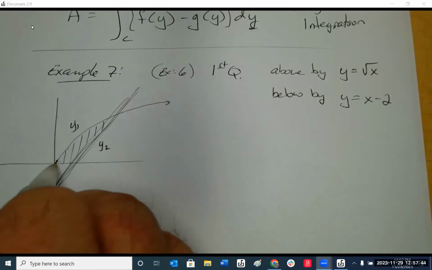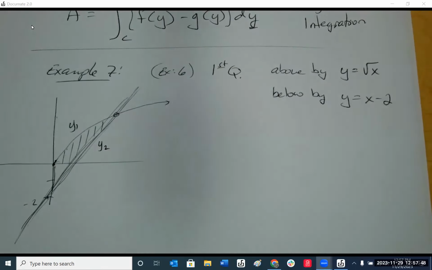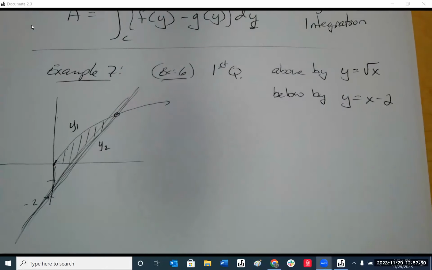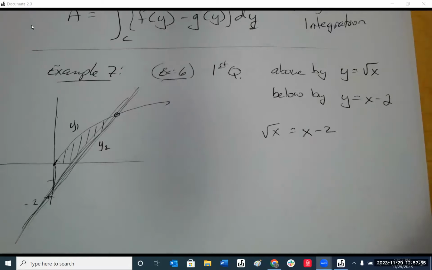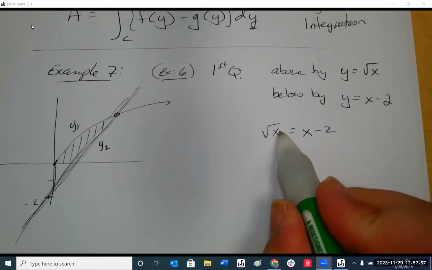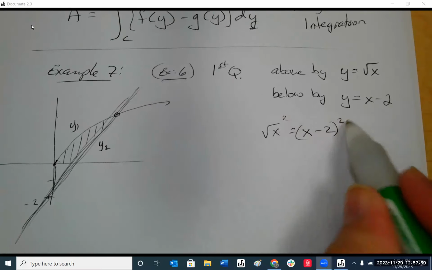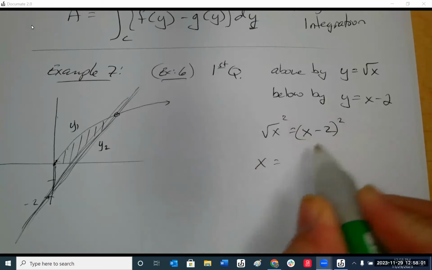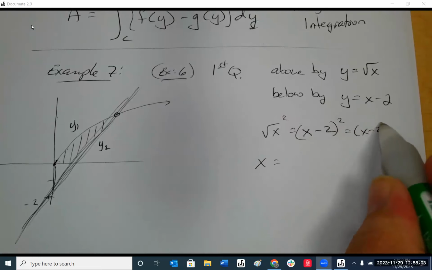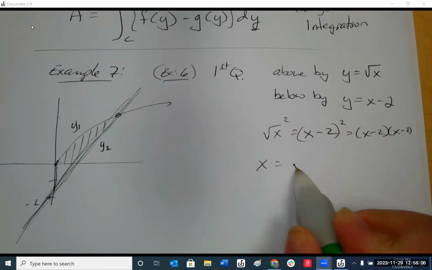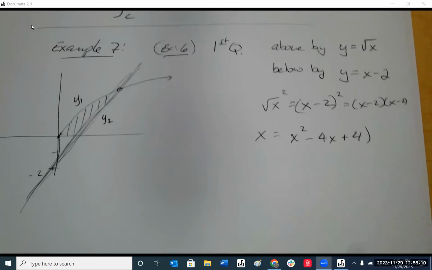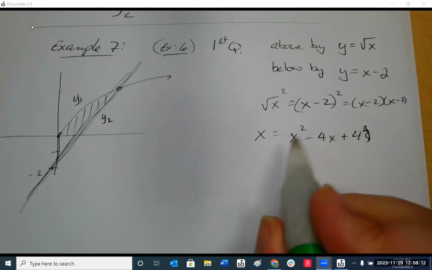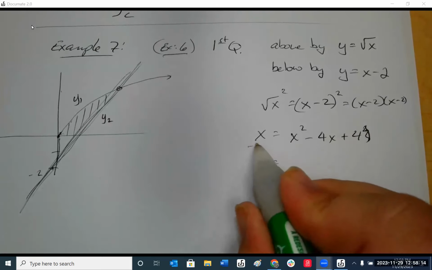Root x can't be negative, so it has to be greater than 0, and that's where these two intersect. To get rid of the radical, we square both sides. This is x minus 2 times x minus 2, which is x squared minus 4x plus 4. Make it equal to 0, so I subtract x.